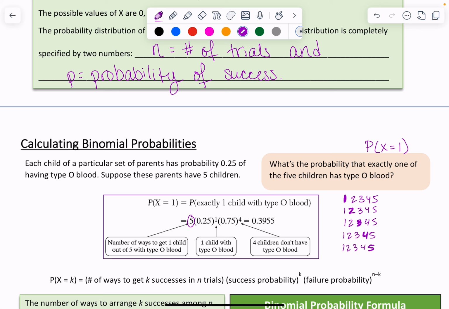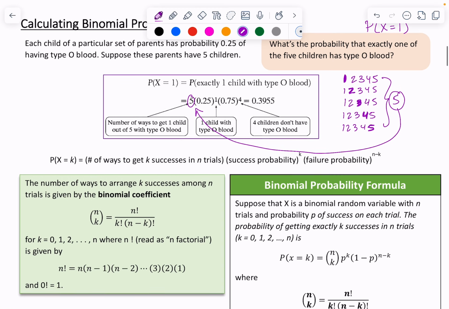Okay, we have 5 different ways to do that. So that's where this number in front of everything comes from, because there's 5 different ways to get 1 kid with type O.